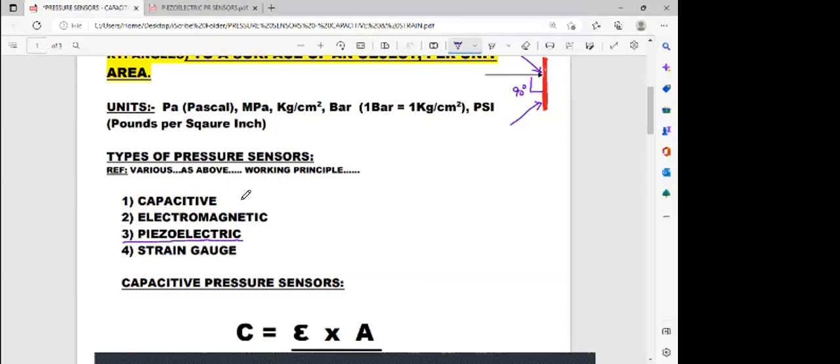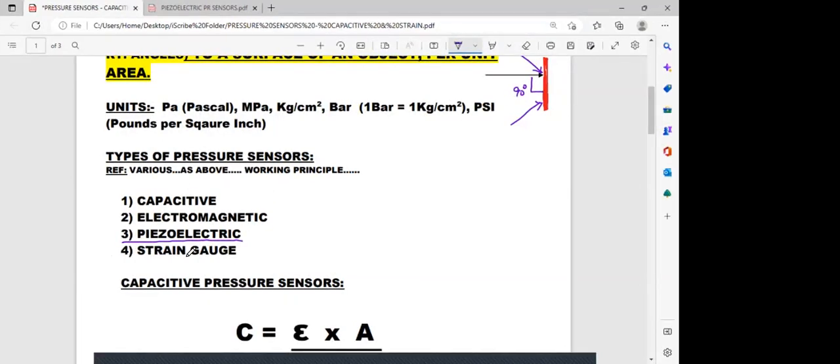You have capacitive, you have the electromagnetic, and you have the strain gauge. Piezoelectric type of pressure sensor is generally not used on board ship. We will come to the reason why when we do the piezoelectric pressure sensor. Let's do the first one, the capacitive type of pressure sensor.